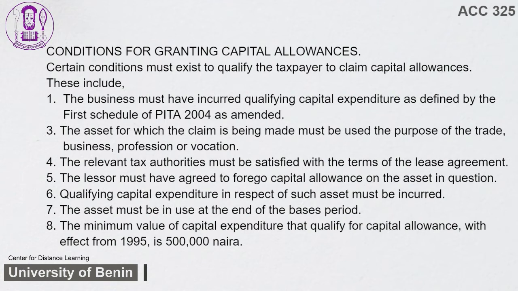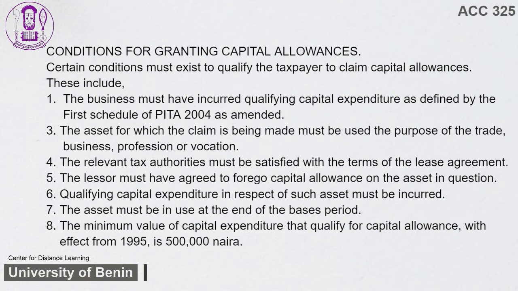These include: 1. The business must have incurred qualifying capital expenditure as defined by the first schedule of PITA 2004 as amended. 3. The asset for which the claim is being made must be used for the purpose of the trade, business, profession, or vocation. 4. The relevant tax authorities must be satisfied with the terms of the lease agreement. 5.